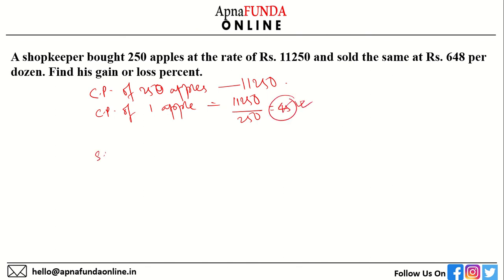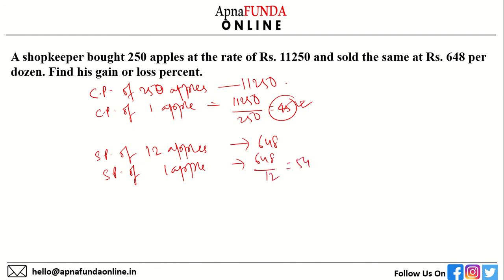We know that SP of one dozen, which is 12 apples, is 648. So selling price of one apple is equal to 648 by 12, which will give me 54. So cost price is 45, selling price is 54.